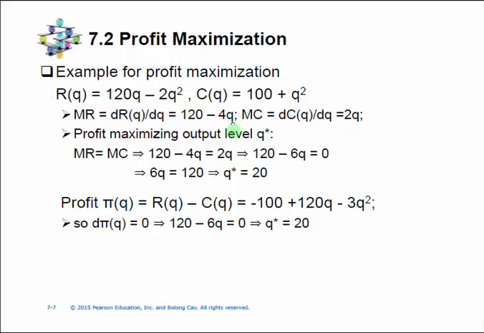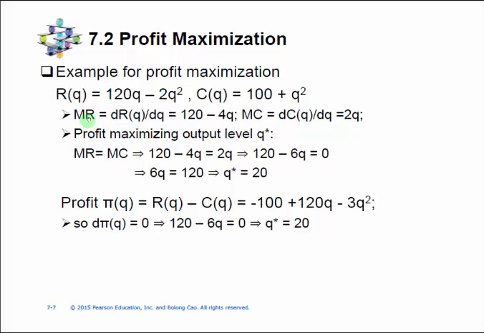Okay. How about the marginal cost? We differentiate the cost function with respect to Q. The 100 doesn't change with the quantity, so its first order derivative is 0 with respect to Q. And for Q squared, we just take the power into the front and drop by 1 power to Q. So the marginal cost is 2Q.